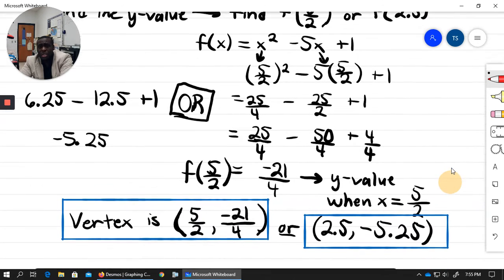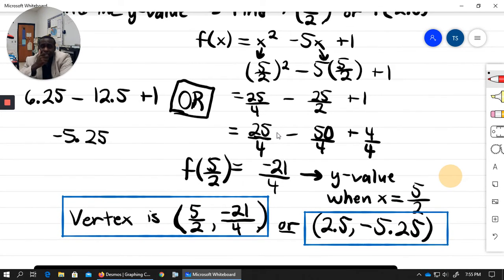And when we simplify that, as a fraction it would be -21 over 4. As a decimal, it would be -5.25. And that's the y value when x equals 5/2 or when x equals 2.5.